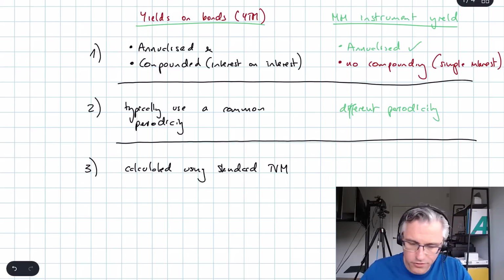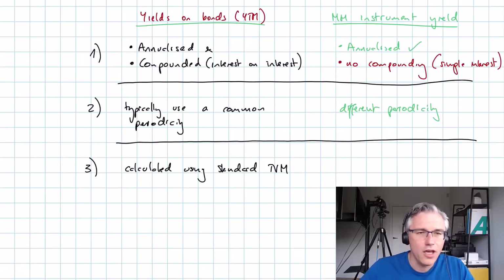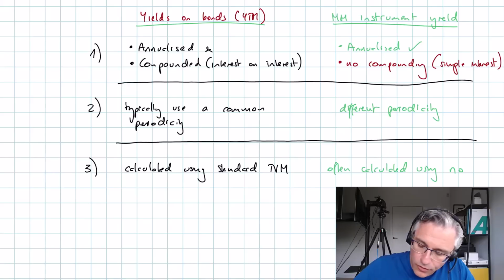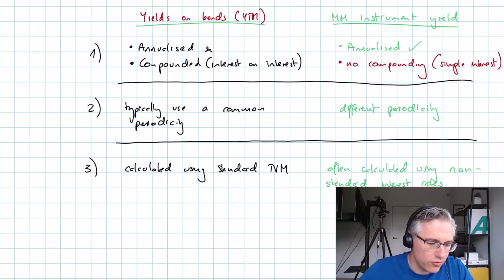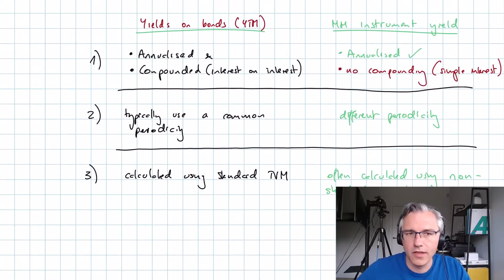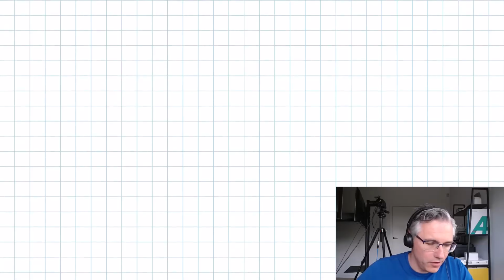However, for money market instrument yields, you'll see that the computations utilize sometimes very elaborate formulas, often calculated using non-standard approaches to interest rate computations, and you'll see what I mean in just a moment. So bear in mind these three, they will resonate throughout the remainder of this lesson.